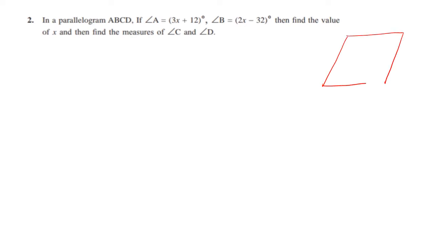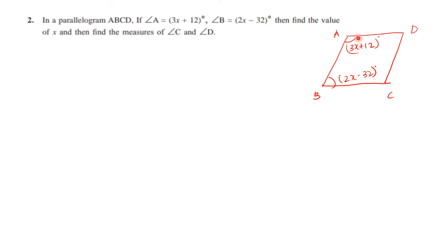So it goes like this: A, B, C, D. Angle A is 3x plus 12 degrees and angle B is 2x minus 32 degrees, to find out x and also angle C and D. We have studied the property that adjacent angles of the parallelogram are supplementary, 180 degrees. With that, 3x plus 12 degrees plus 2x minus 32 degrees is equal to 180 degrees. By solving we'll get the value of x.